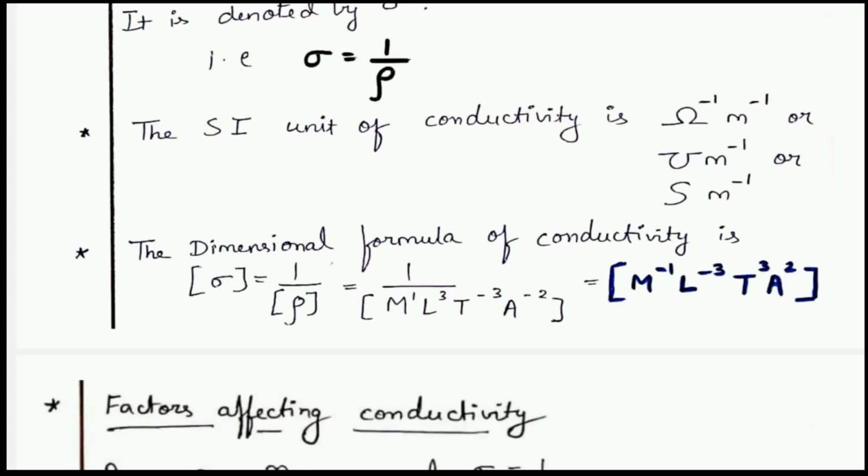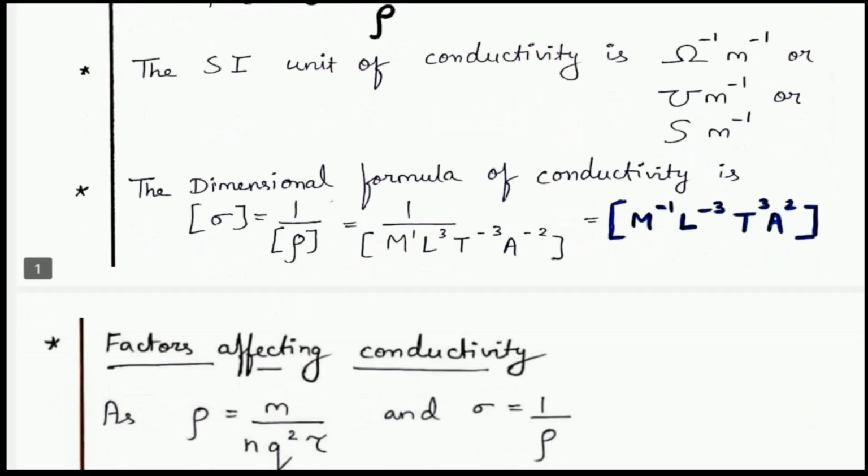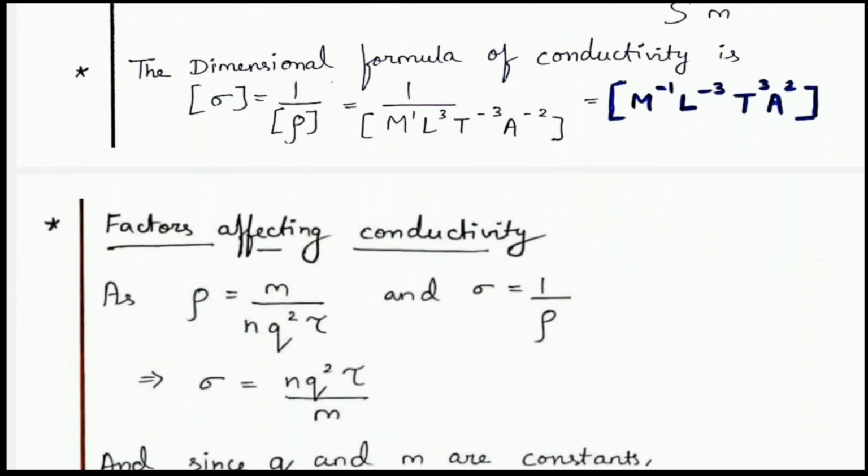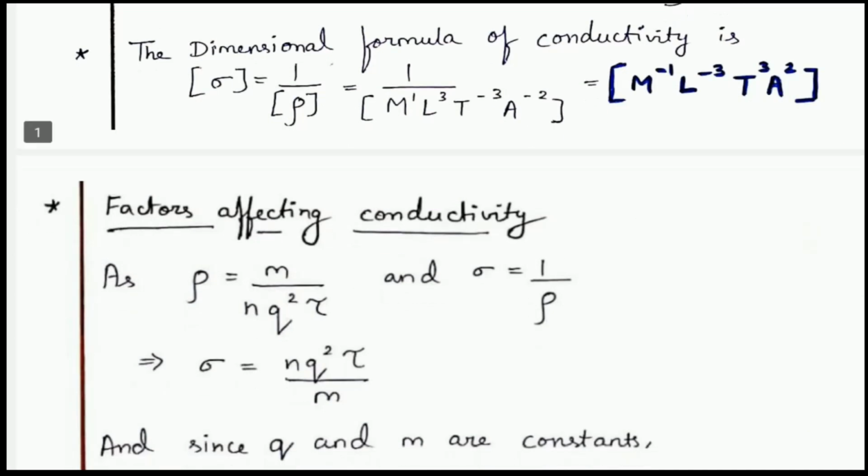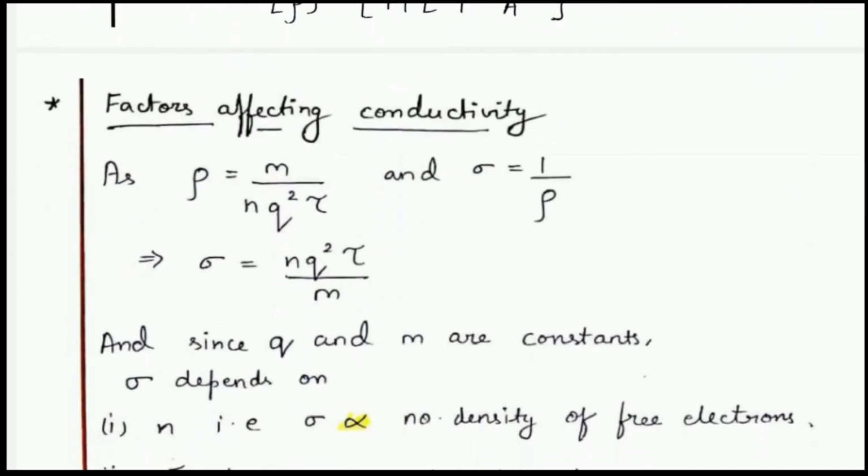As resistivity also depends on temperature, so does conductivity. Conductivity also depends on some factors. Let us see. As we had discussed last time, rho is equal to m by n q square tau. And recently we have discussed sigma is equal to 1 by rho. So sigma will become n q square tau by m.